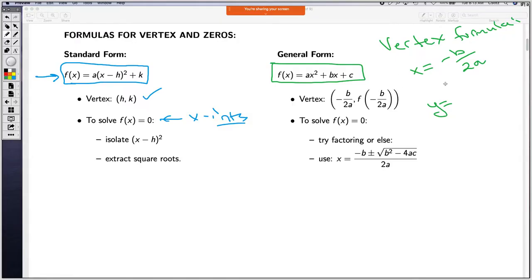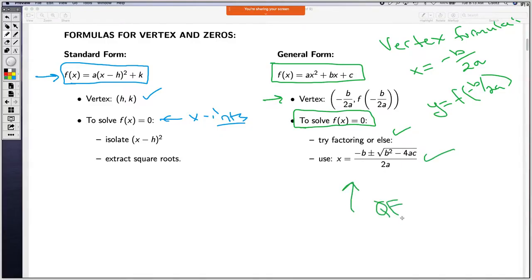We plug that into the function. Now, there is a formula for the y value, but it's not worth memorizing. The opposite of b over 2a is pretty quick to get, and you plug that into the function. That's how you get your vertex this way. And to solve f of x equal to 0, you always try factoring if you can. Otherwise, there's your quadratic formula.